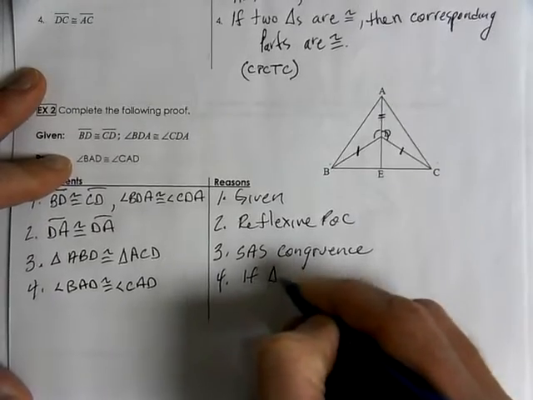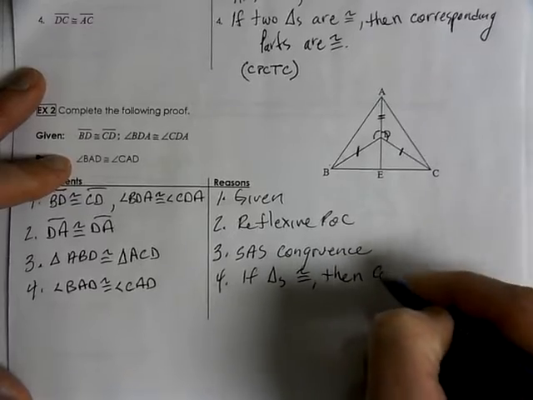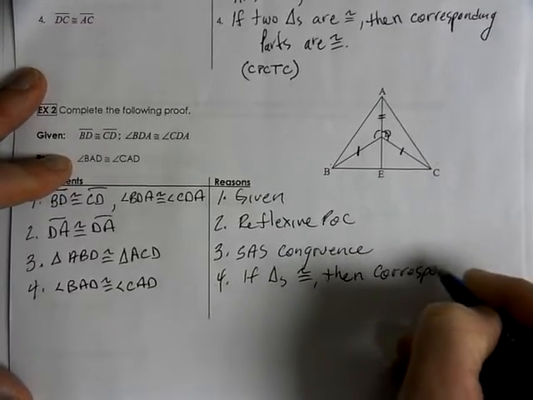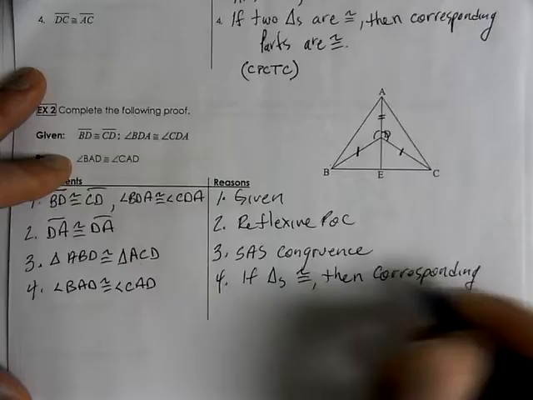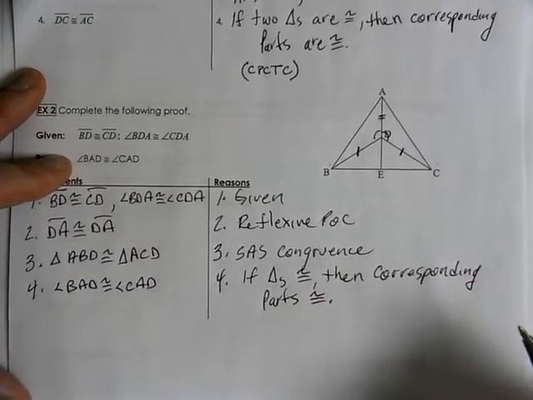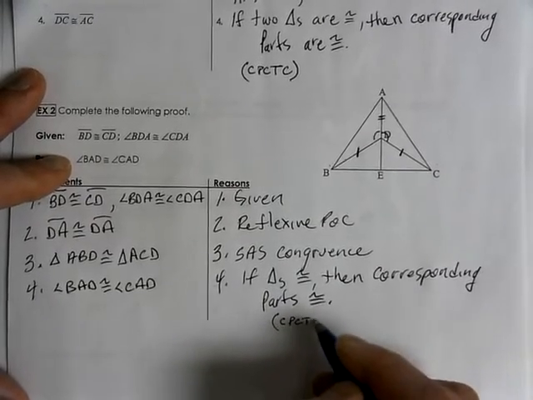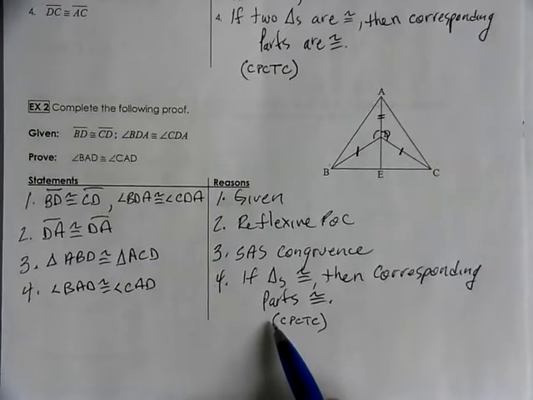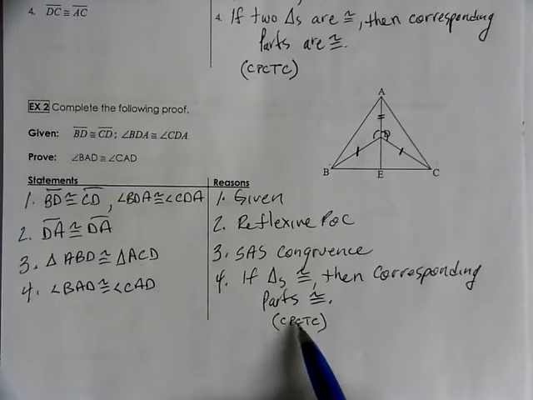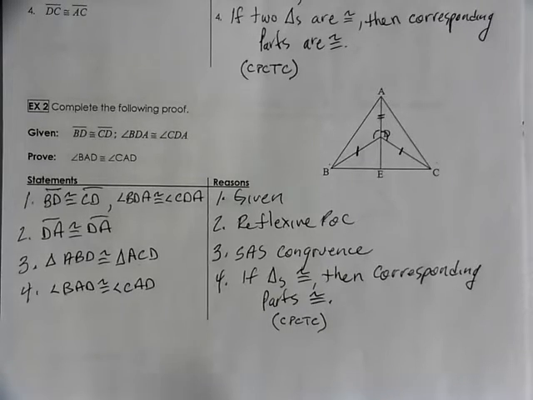If triangles congruent, then corresponding parts congruent. You could also call that CPCTC. Corresponding parts of congruent triangles are congruent. I like the if-then statement, but either way will work.